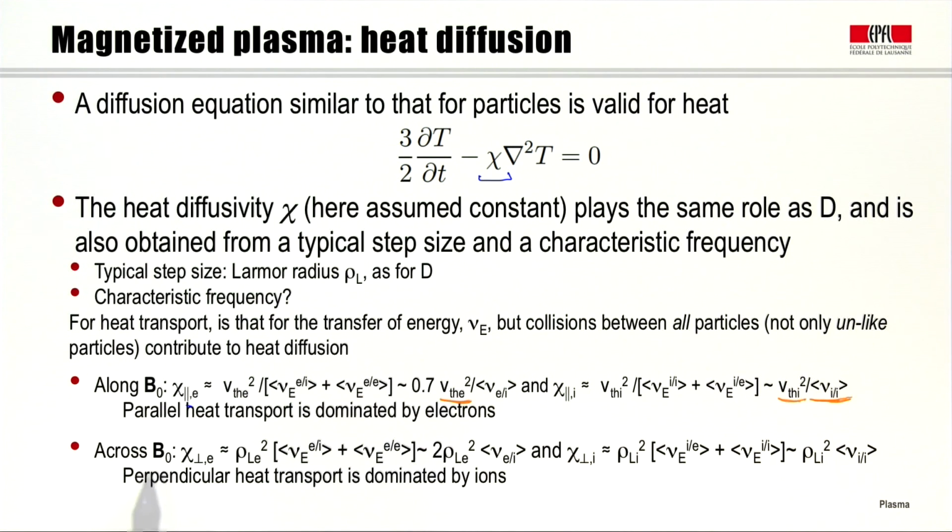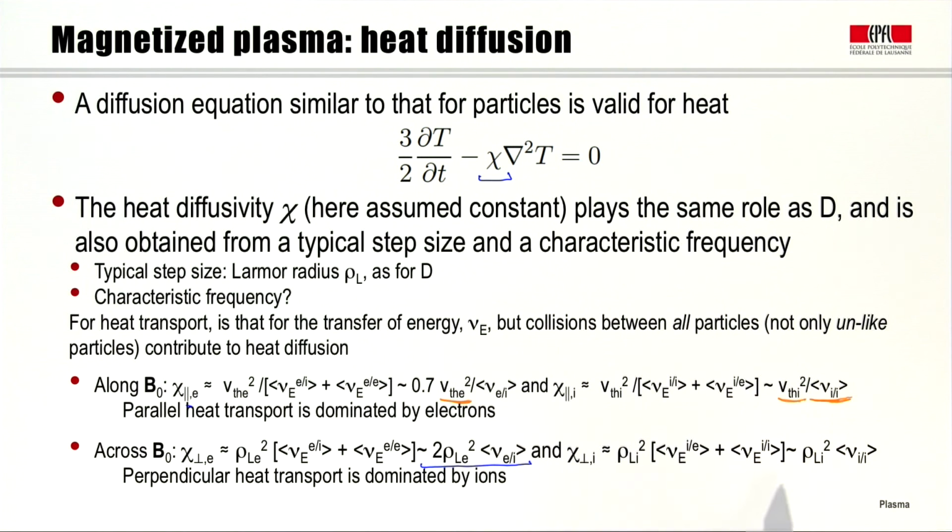Let's look at the direction across the magnetic field. We do the exact same reasoning, considering the appropriate collision frequencies, and we get something for the electrons that is of the order, although there's a factor here, of rho_Le squared times the collision frequency for the momentum exchange. So it's not very different from the diffusion of particles.